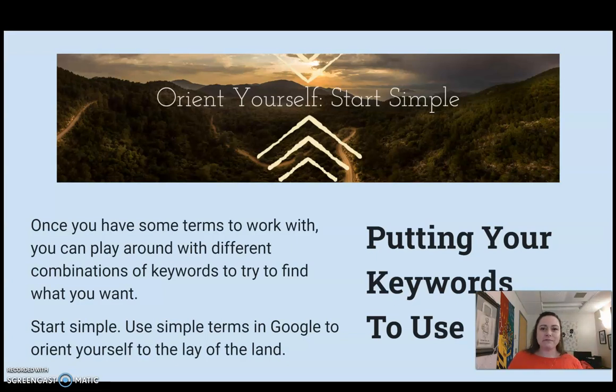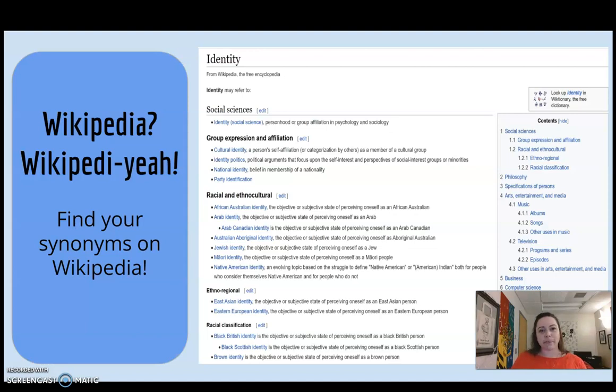So once you have some identified keywords, start playing around with them in different combinations. You can start simple. Partially just plug it into Google and see what happens. You can orient yourself and maybe come up with some other terms once you do that. You can also look for synonyms on Wikipedia.